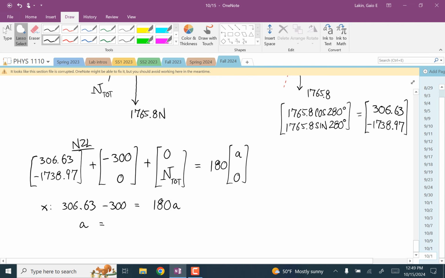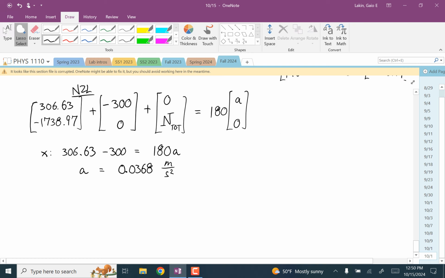And so a is equal to a very small positive acceleration, 0.0368, I guess I'll keep another digit, meters per second squared. And so the acceleration vector is equal to 0.0368 and then 0 for y.